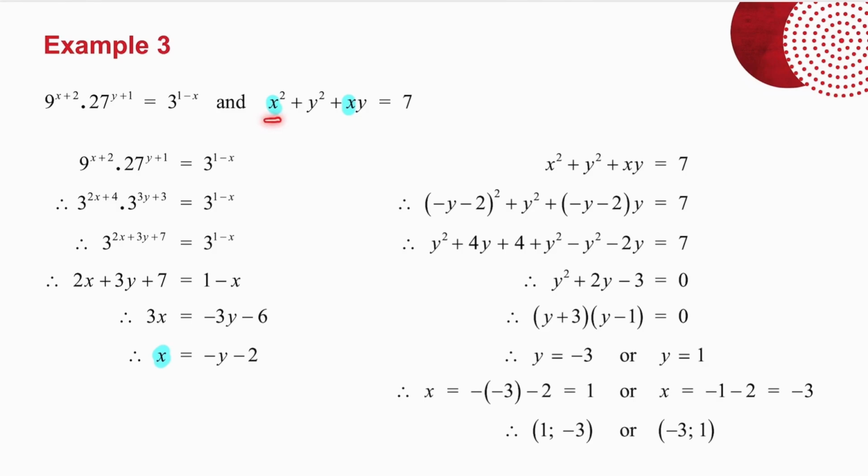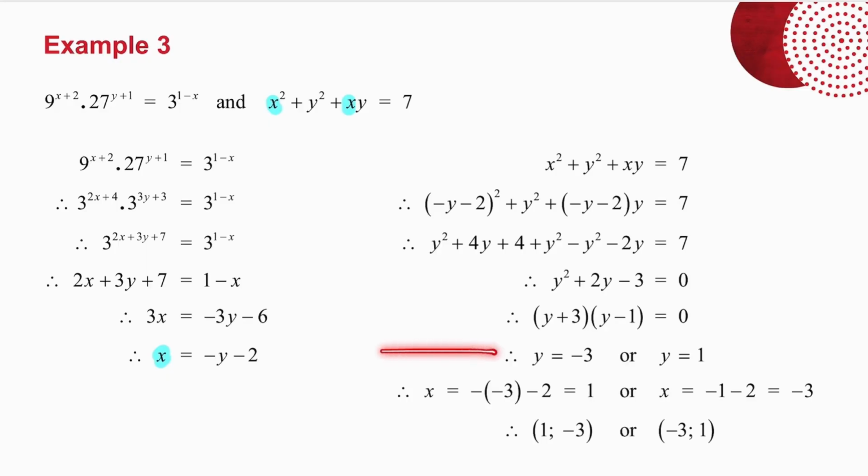So in place of these x's, I'm going to put minus y minus 2. I then multiply the brackets, and I set up my quadratic, which I factorize and solve. And just remember, your quadratic is in y, which means you are solving for y. So just be careful you haven't made those x's.